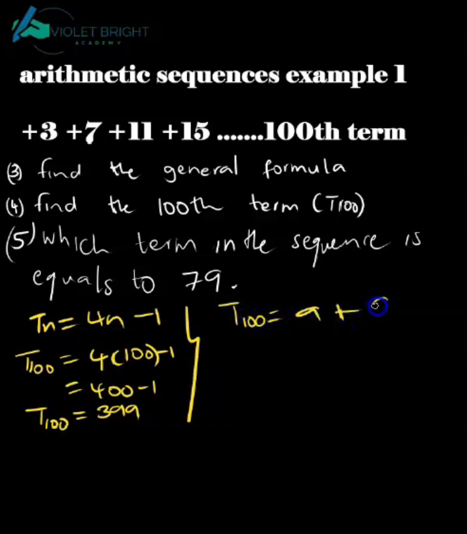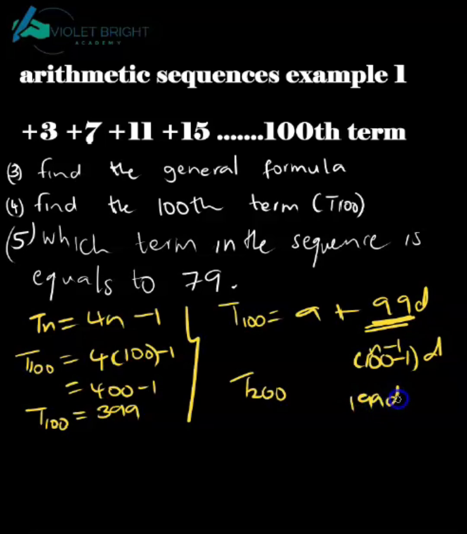A plus 99D. So remember, this 99 comes from 100 minus 1 because of n minus 1 D. Just remember, if you are trying to look for the 200th term, it was gonna be 199D because it was gonna be 200 minus 1 from n minus 1 D, which is in the general formula. Let's just erase this quickly.